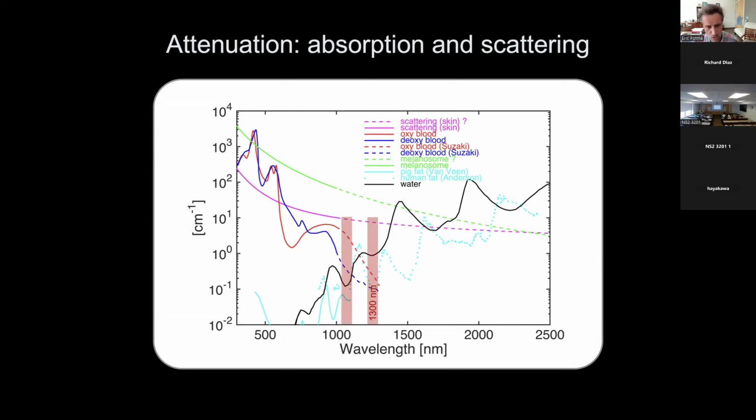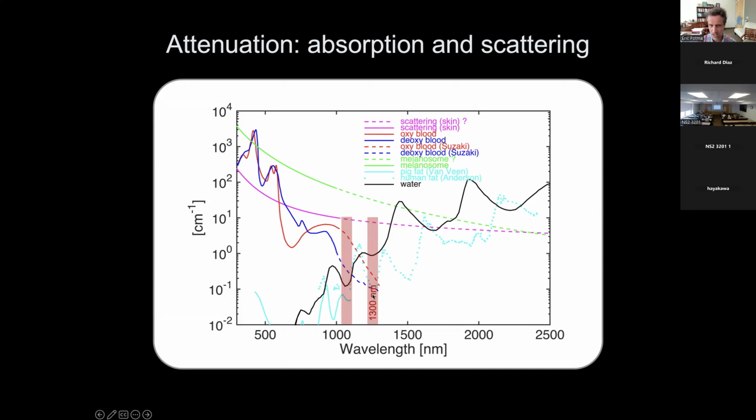Now, if you are moving to the next so-called window, that window is chosen based on where water has its dips in the absorption spectrum. So the first window is about here, just beyond 1,000 nanometers or so. You can go even further down, but then scattering takes over. The second window is where this dip happens over here in the water absorption spectrum.